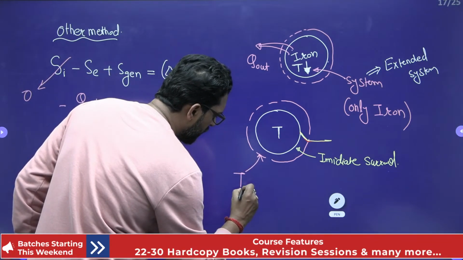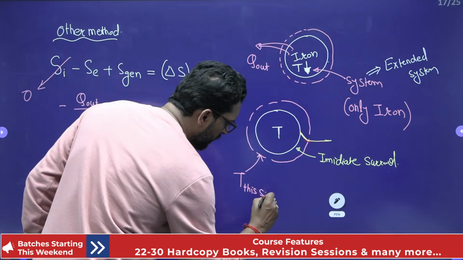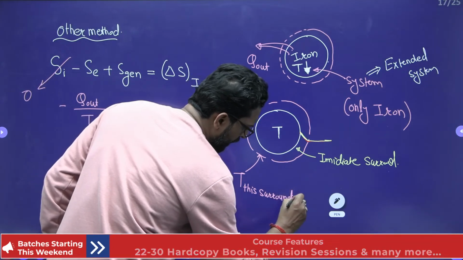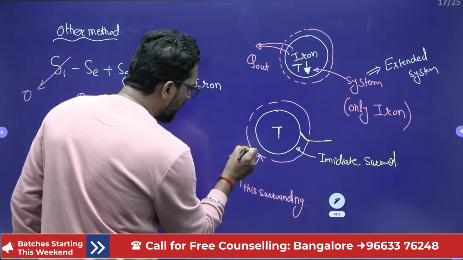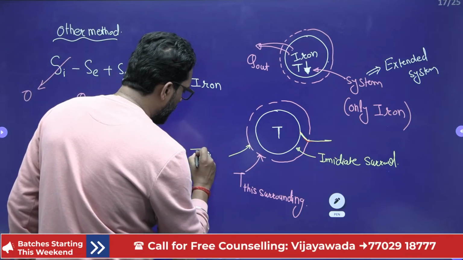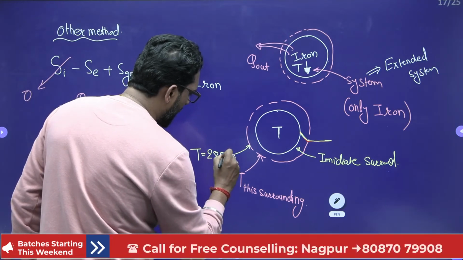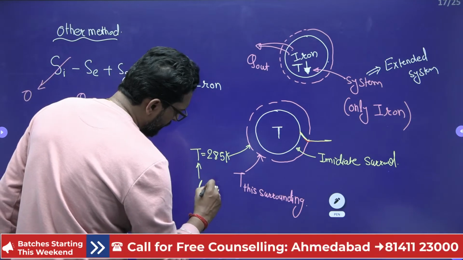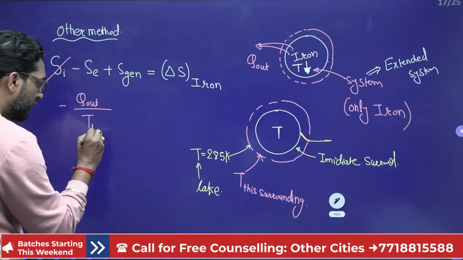T of this surrounding is equal to 285 Kelvin. That means this is your lake temperature, so put here T lake.